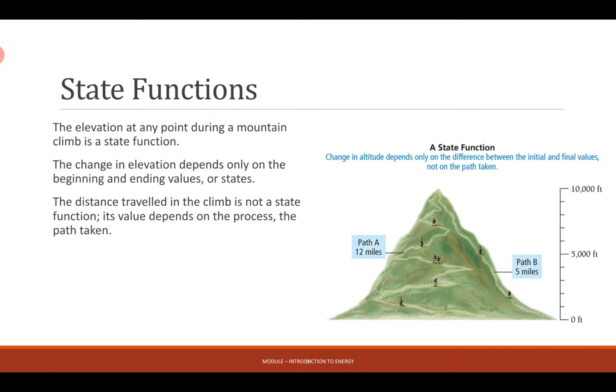So here's an analogy for that whole state function thing. Think of a state function as altitude. There are many different paths to the top of this mountain. We can either go the zigzaggy path and make it to the top, or we could take the shorter path and make it to the top. This path here is longer, but still leads to the same spot.